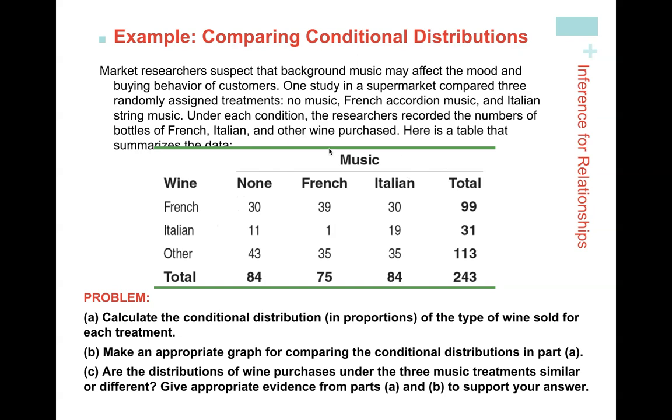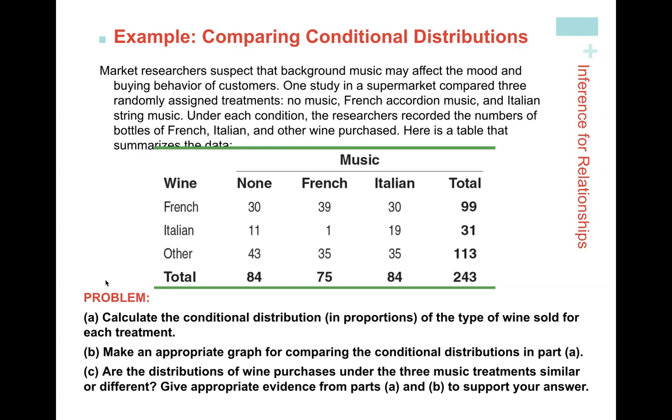Those are the column variables, the treatments, your explanatory variables: playing no music, French music, and Italian music in the wine store. We want to know: does the type of music you're playing impact the buying behavior of these wine shoppers? Here's a table that summarizes the data.